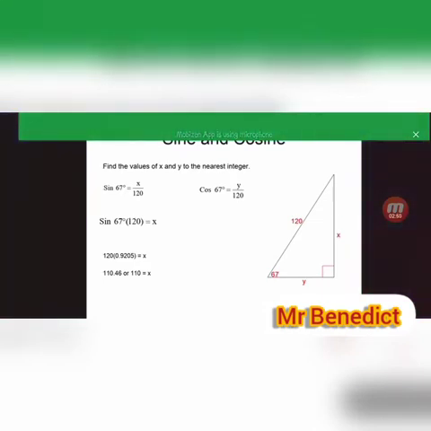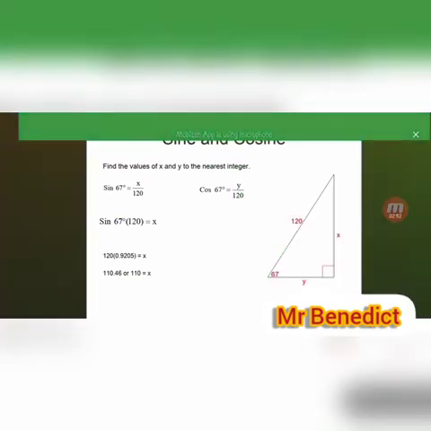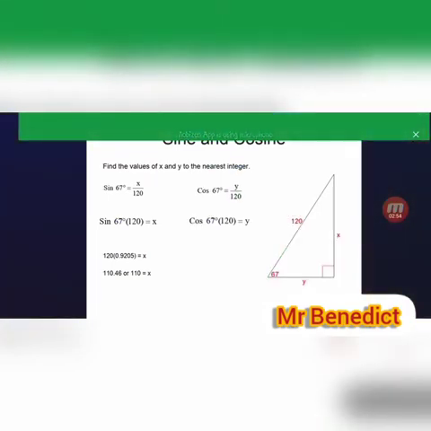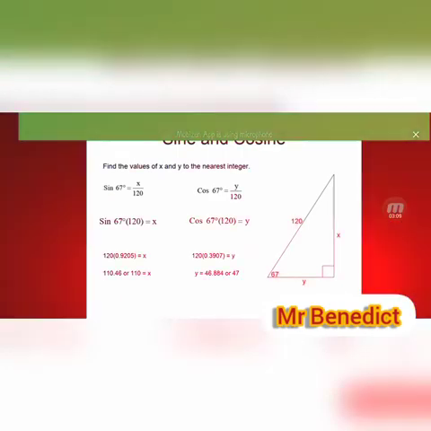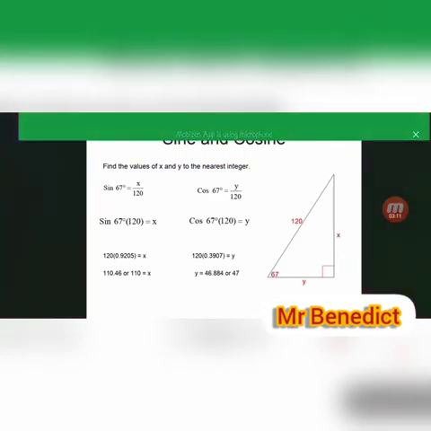Moving forward, if we cross multiply, cos 67 gives us 0.3907, multiplied by 120, I think it should give us 46.884, which is 47. I hope this is clear. Let me give you a few seconds to go over what I have here, and let's continue.